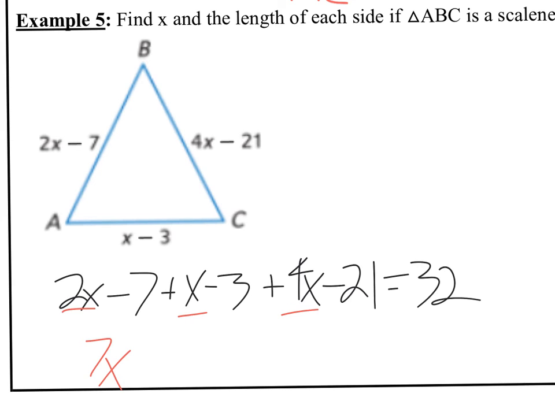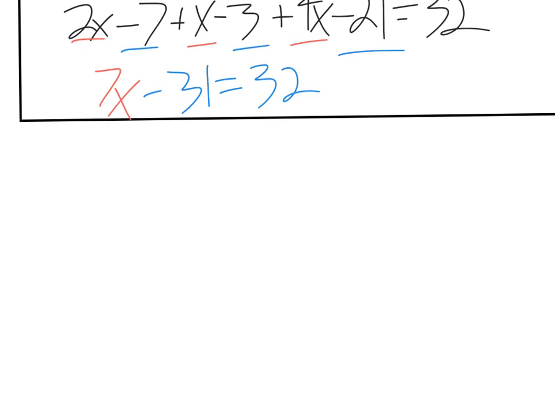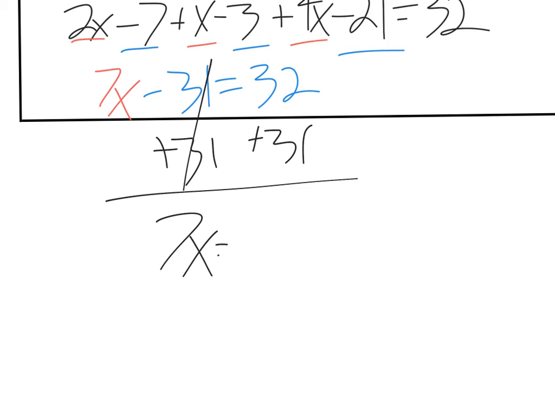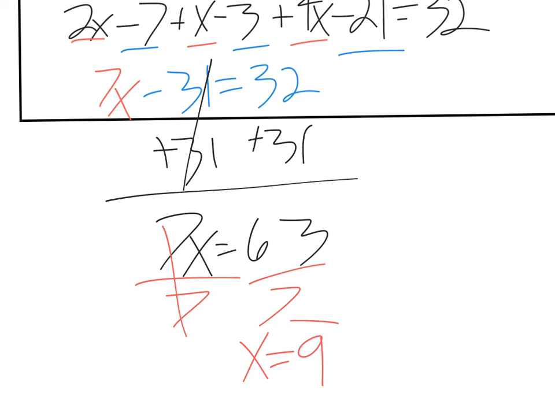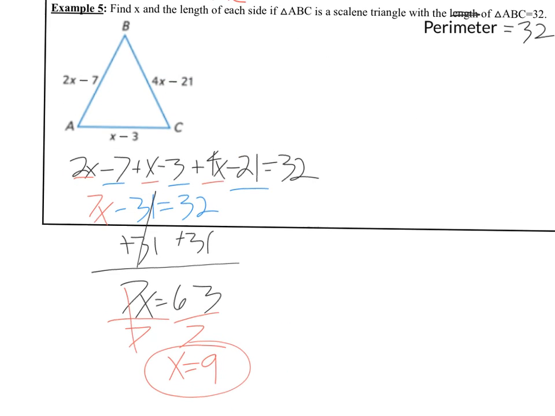And then we're going to combine minus 7, minus 3, that's minus 10, minus 21 makes minus 31, equal to 32. So then I will add 31 to the other side. 32 plus 31 is 63. So 7x equals 63. Divide both sides by 7, and you get 9. x equal to 9.